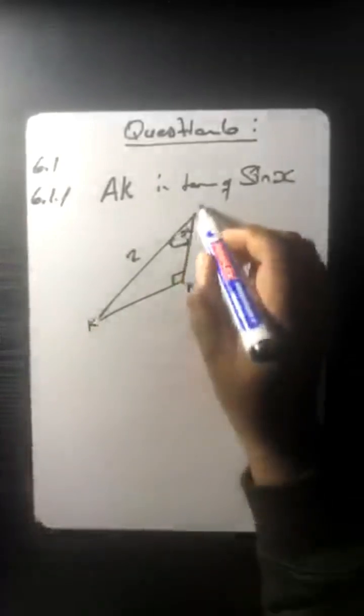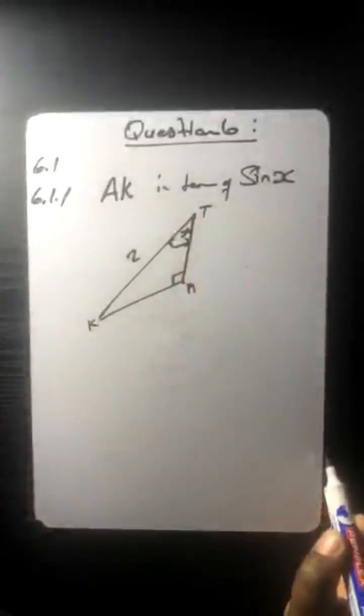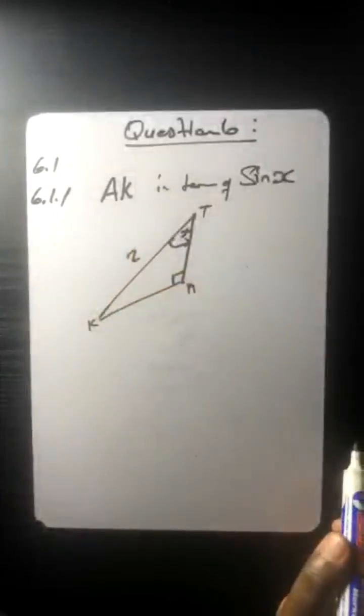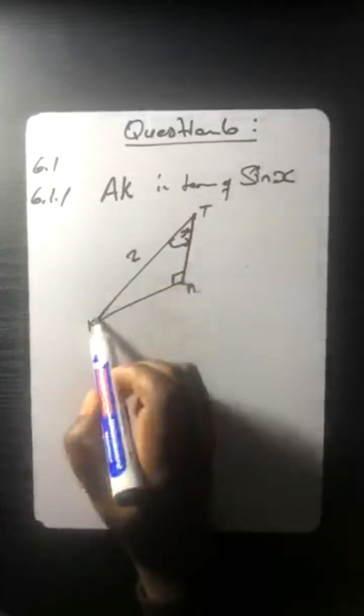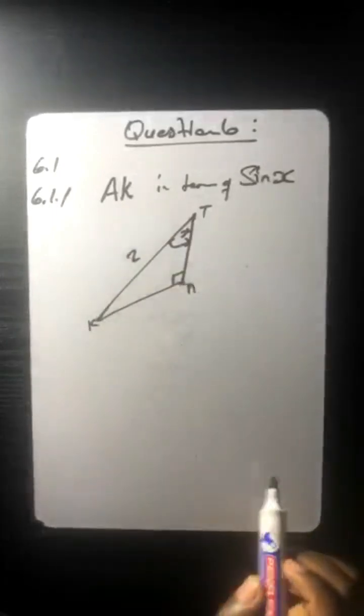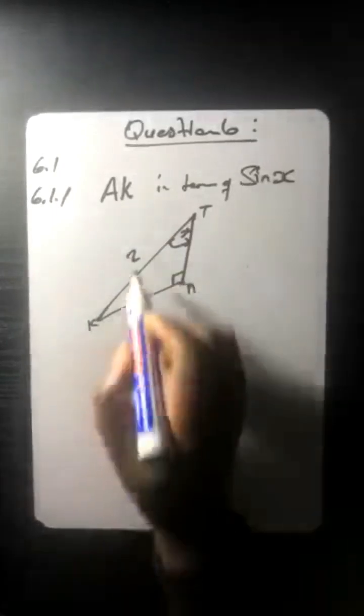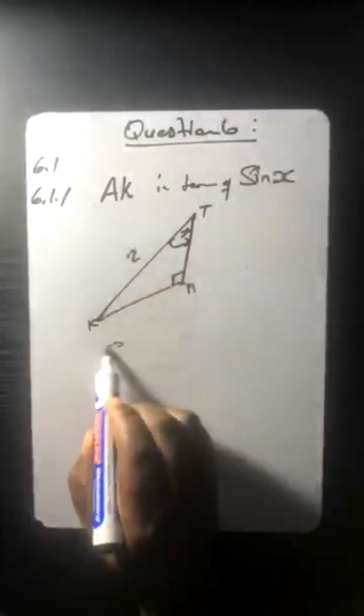We're having X there, and KA is the one that we're going to try and express in terms of sine x. So remember, guys, AK is the opposite. Which trig ratio has the opposite and the hypotenuse? Obviously, it's sine.